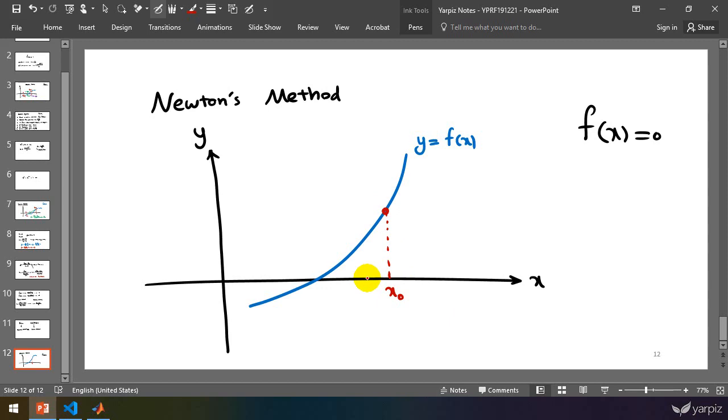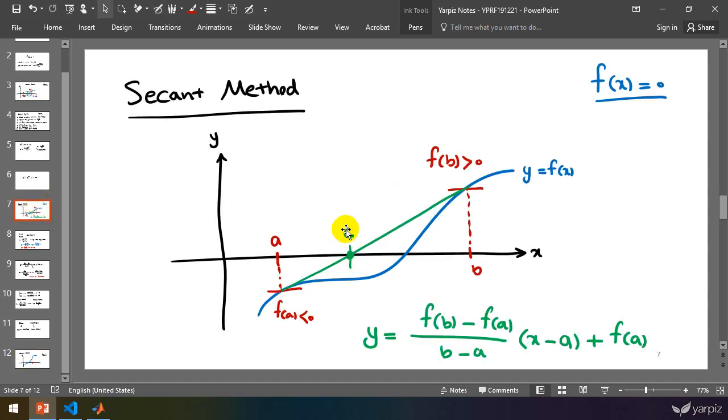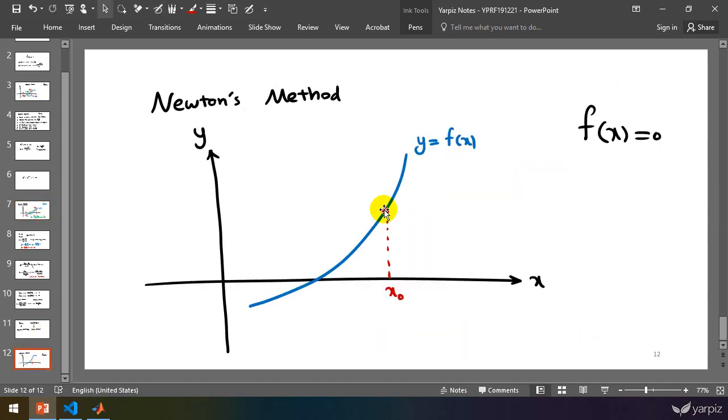To have the next suggestion, we're going to approximate this function with a line, but this time we have a single point, not 2 points like in the secant method. We have a single point, so the line must pass through this point, and it must have the same slope as the derivative of the function at this point.